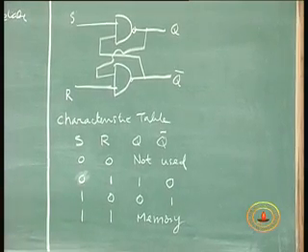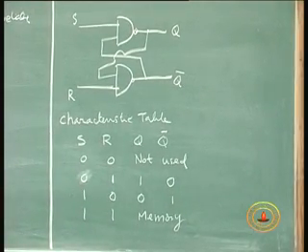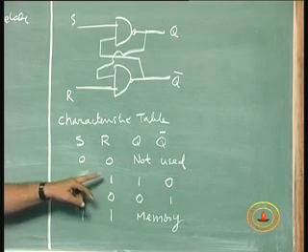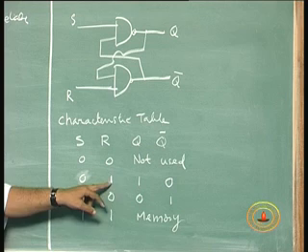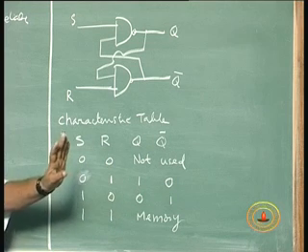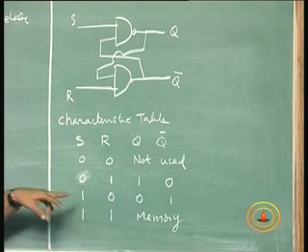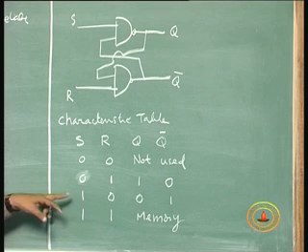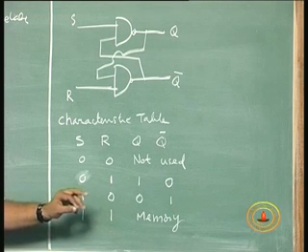If you want to put a 1, you want to set the flip flop, you need to put a 0 on S and 1 on R, then you can set the flip flop, Q will become 1. And if you want to reset the flip flop, make it 0 output, you have to put S equal to 1 and R equal to 0, and then remove it.